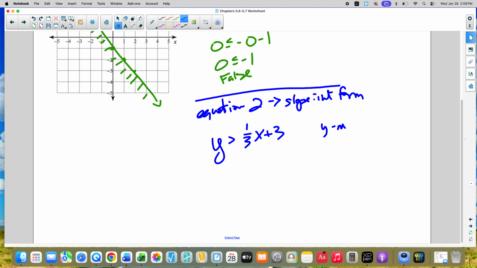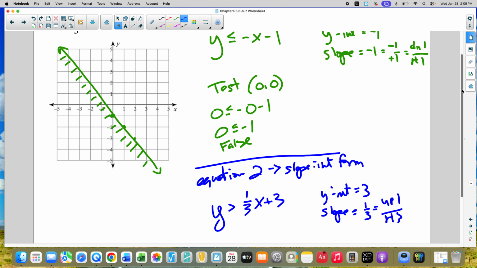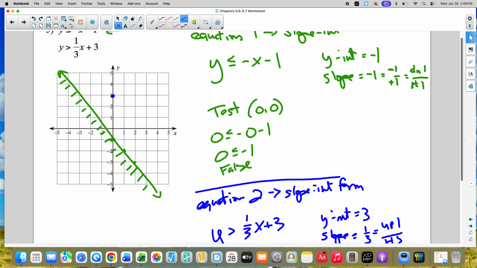My y-intercept is equal to 3, and my slope is equal to 1/3. So that means I'm going up 1, right 3 from my y-intercept. My y-intercept is 3. I'm going to go up 1, right 3. And here's the good one: I can also go down 1, left 3. The opposite of up is down, and the opposite of right is left.